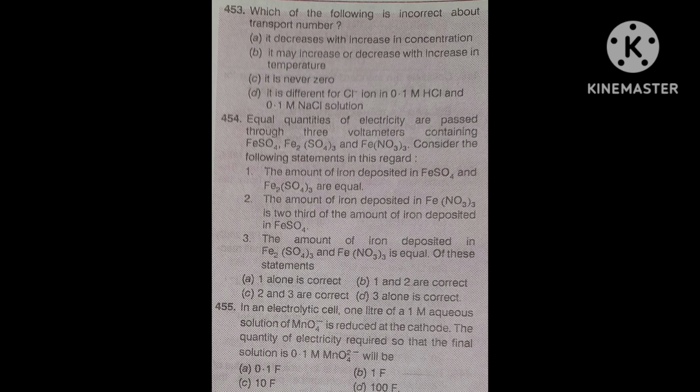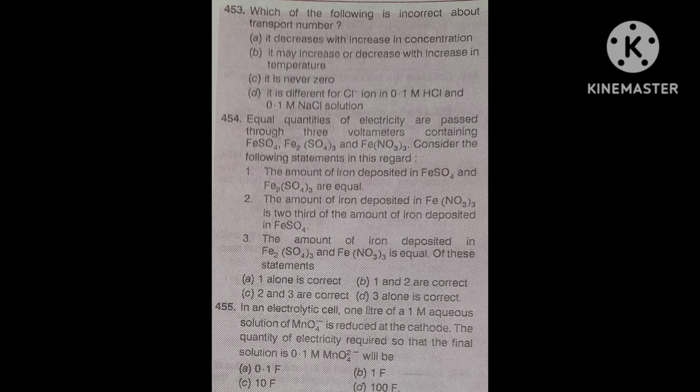Again, one more time I am reading the question. Which of the following is incorrect about transport number? First option, it decreases with increase in concentration. Second, it may increase or decrease with increase in temperature. Third, it is never zero.